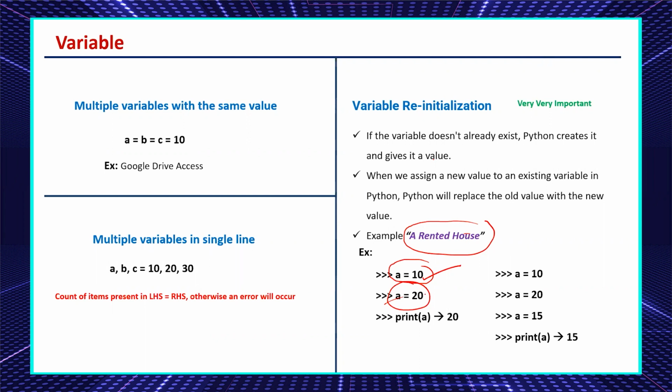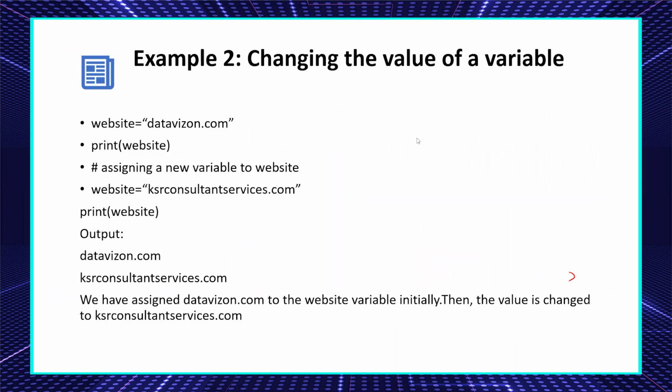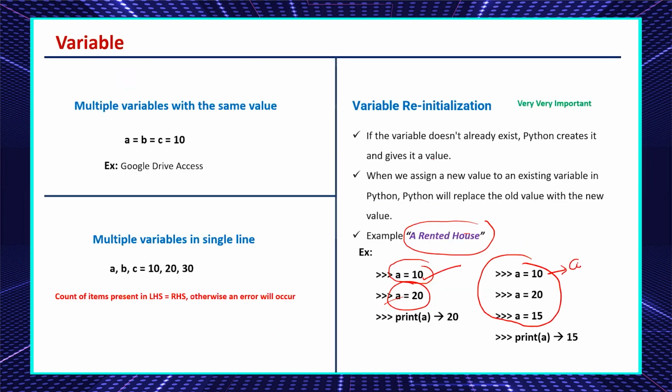Okay. So now tell me what is the answer in this case? Can you execute this? I'll give one minute of time. What is the answer? 15, sir. Why 15?